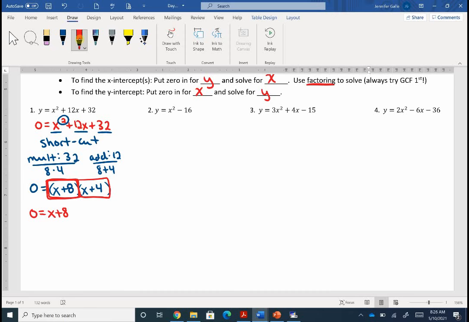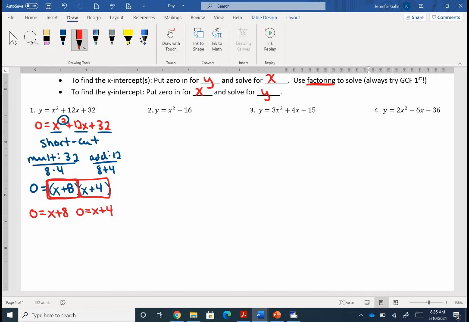Now also, if I can get x plus 4 to equal 0, that whole thing will equal 0. Because multiplying by 0, it doesn't matter if I multiply by 0 first or if the 0 comes second. We still get a 0.